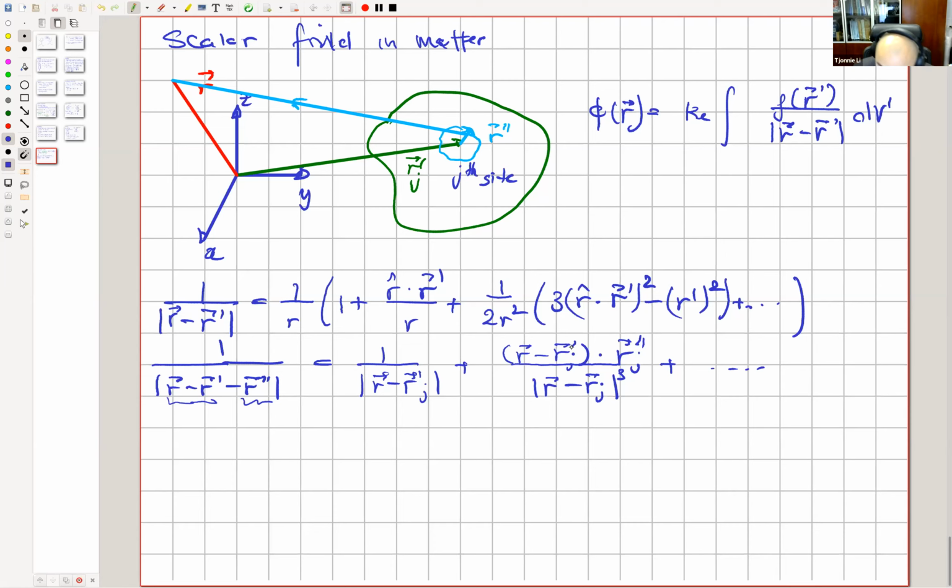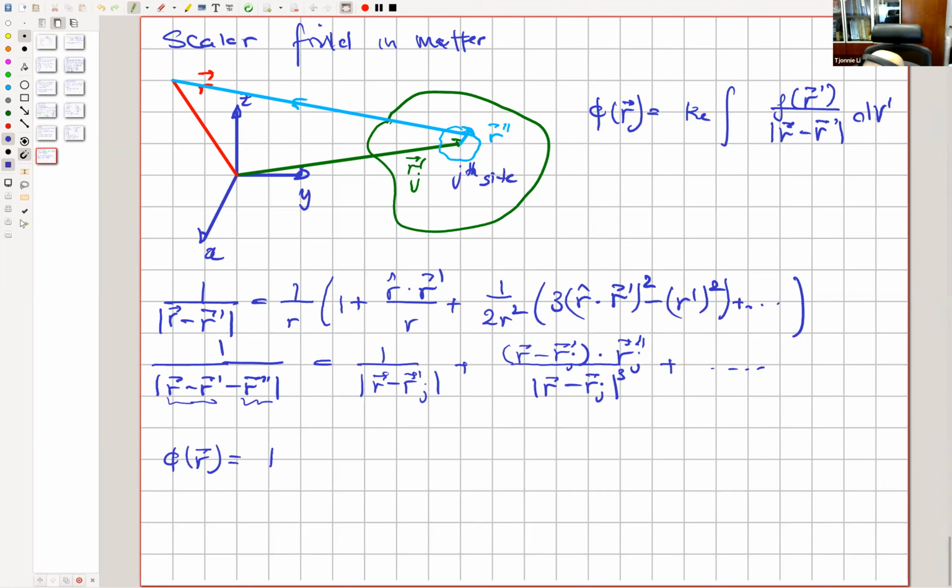Okay, so I've only kept it to the leading order because that's pretty much going to be enough. And so what if I now look at phi, which is my scalar field, as a function of R?